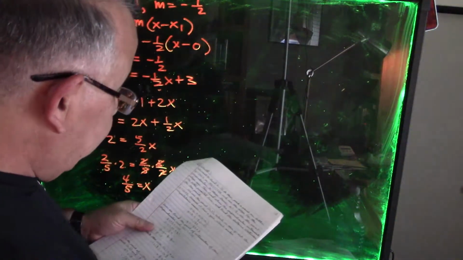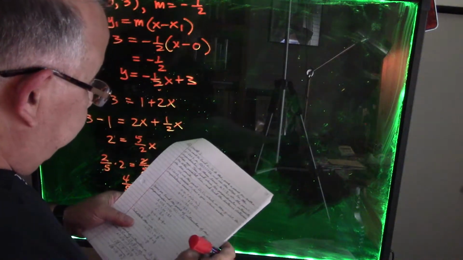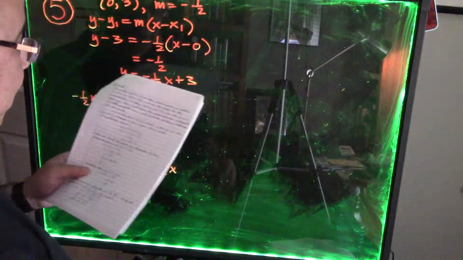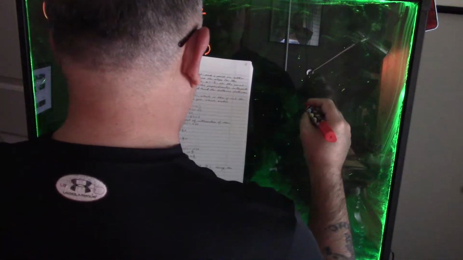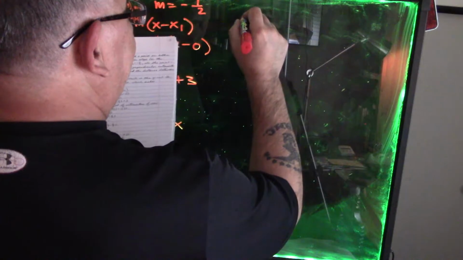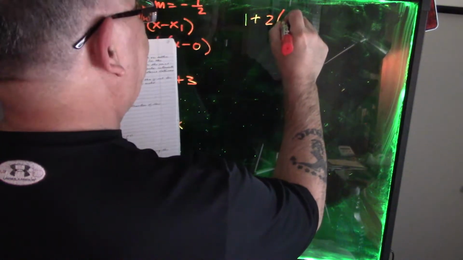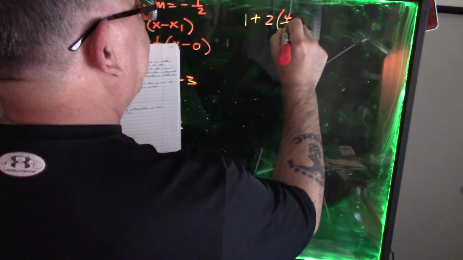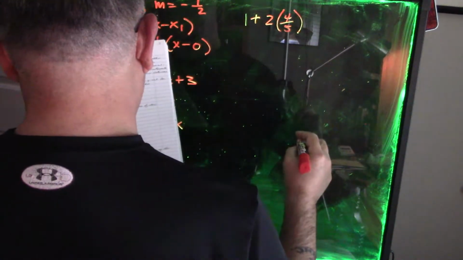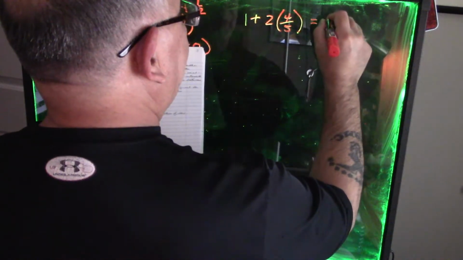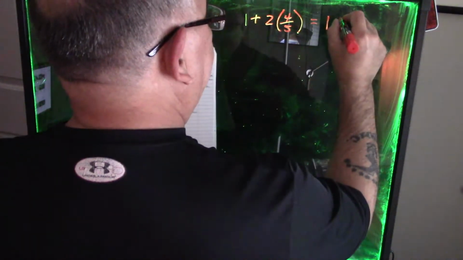Okay, so substitute x equals 4/5 into f of x to get the y value. So we've got 1 plus 2, and then x equals 4/5, and that'll give us the y value. Alright, so that equals 1 plus 8/5.